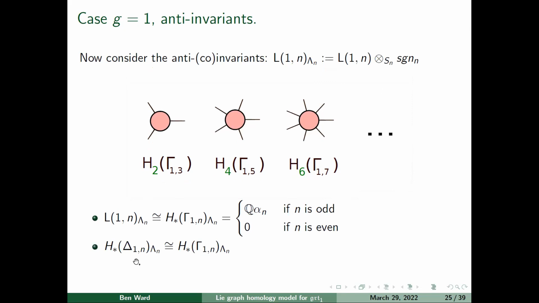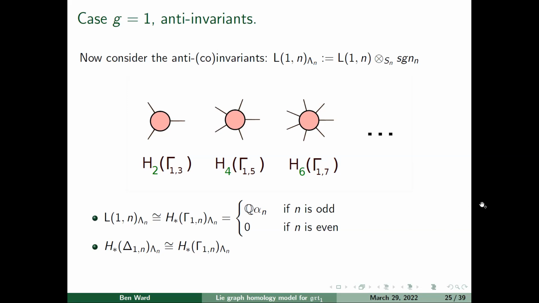Another way to say that is that the anti-invariants of these two objects happen to be the same, right? Because this computes the anti-invariants of this one. But on the other hand, the only anti-invariants that I have sitting around are the corollas, which are these ones.